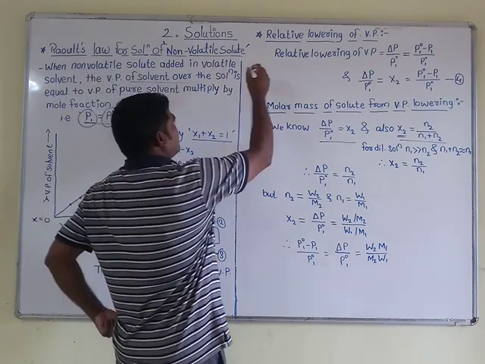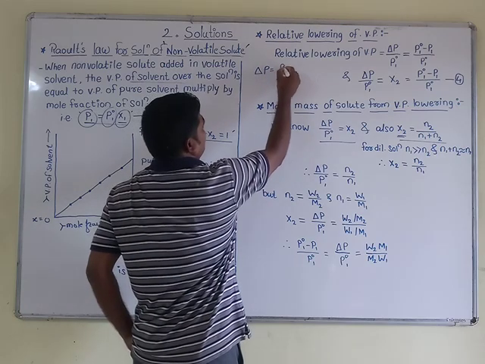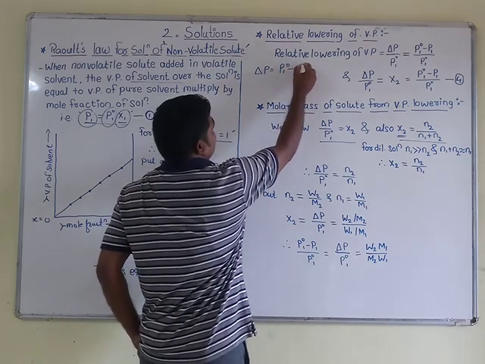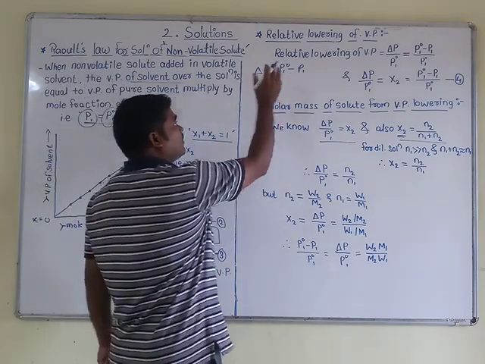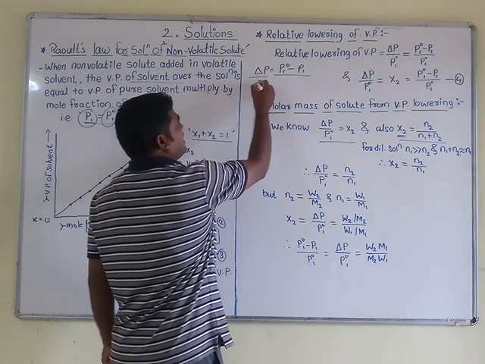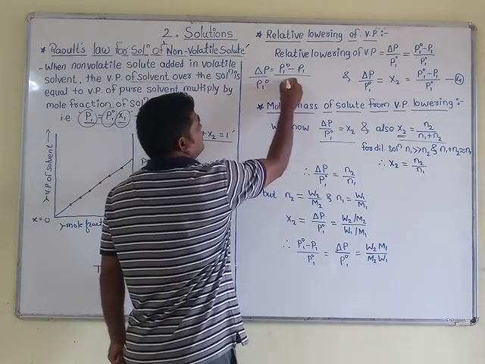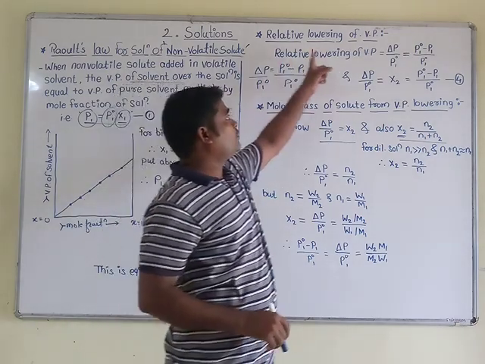I know the value of delta P is P1 0 minus P1, and we already derived this equation. What you have to do here is divide both sides by P1 0. Then this equation becomes the relative lowering of vapor pressure.